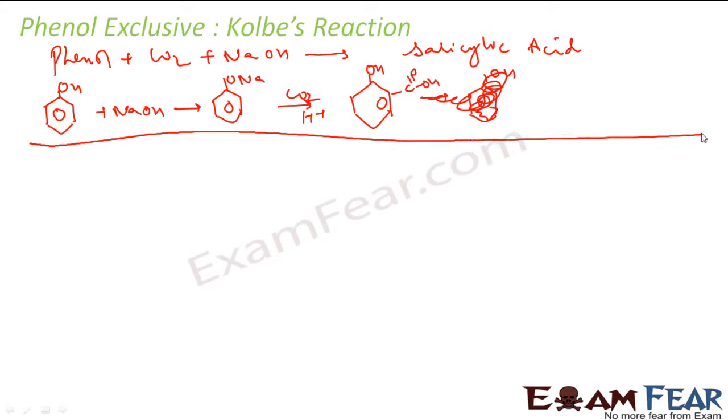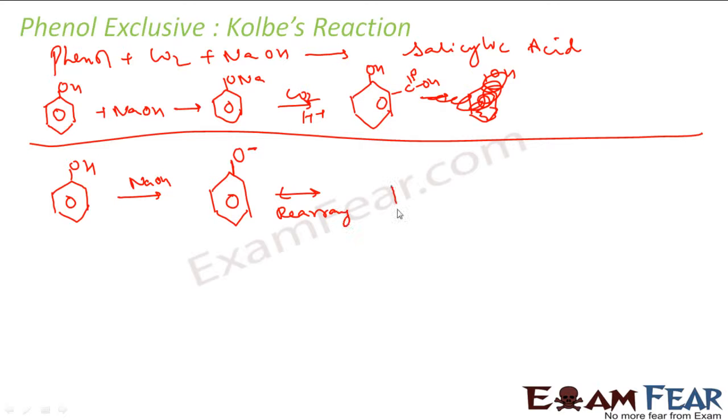Let's see the mechanism now. In this mechanism, this is my OH. When you react with NaOH, what you get is ONa, right? This is a reaction we have seen. ONa is nothing but O minus Na plus. So this will go for a rearrangement.